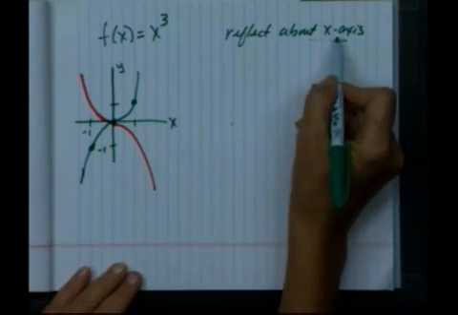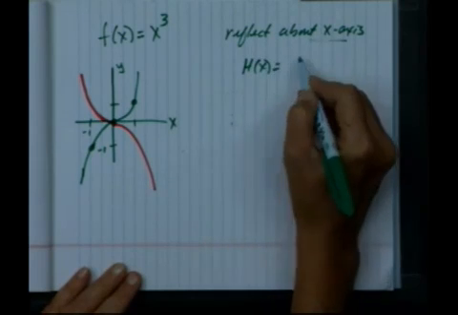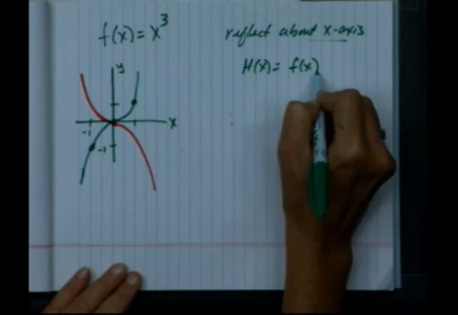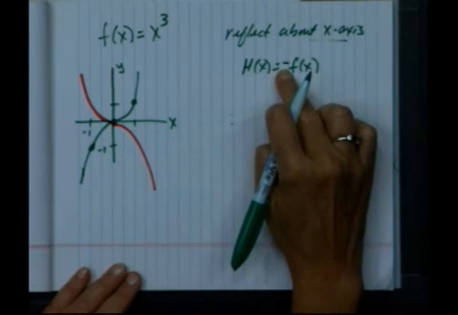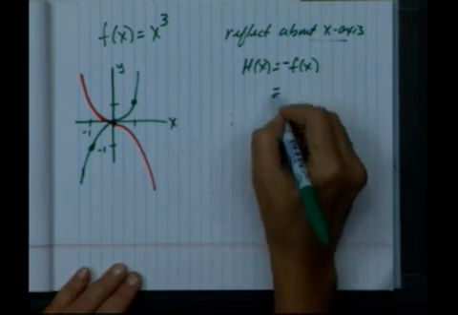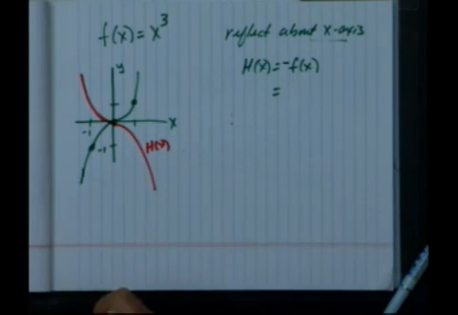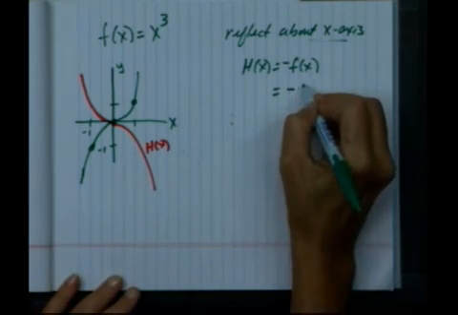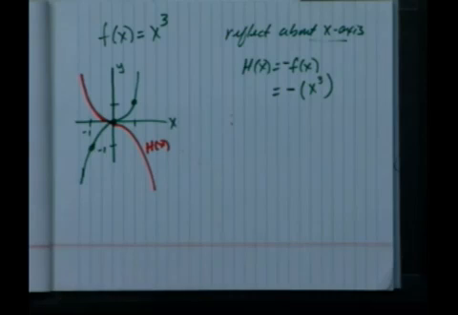So if you want to reflect about the x-axis, your new function will be your old function, but you're going to get the negative y values. So this function, which is my h of x, my reflection, is going to be minus my old function. That will reflect it about the x-axis.